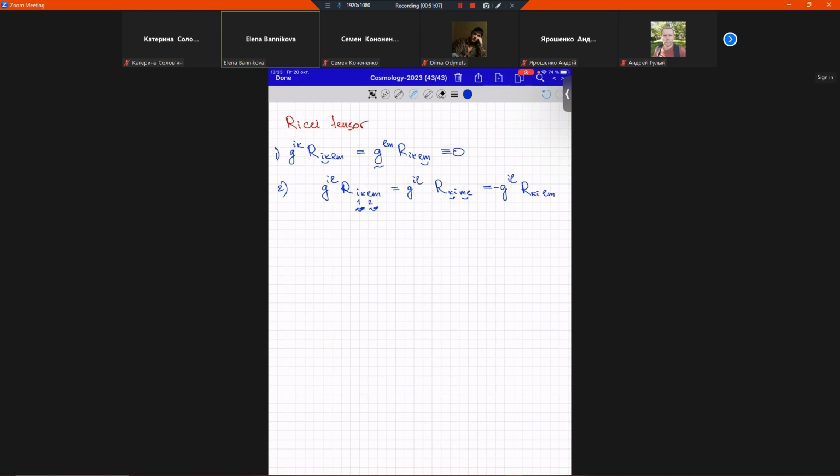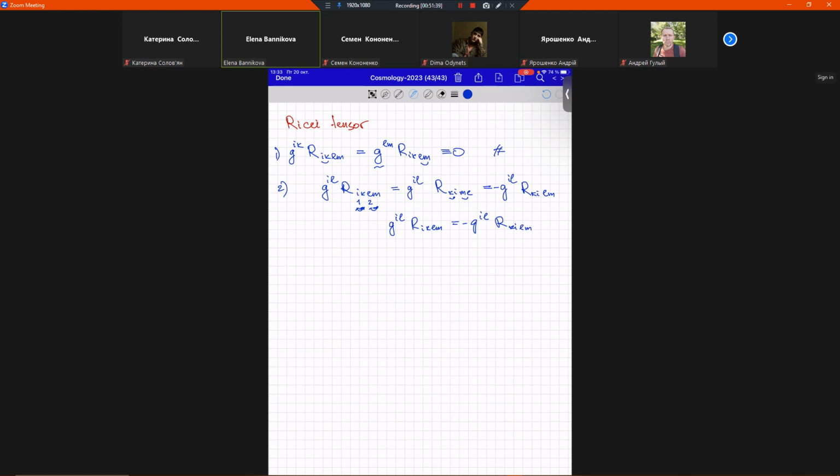You can see that in any case, up to the sign in front of the Riemann tensor, we will obtain either 0 as here, or the same tensor. So I can write here IKLM equal minus GIL.